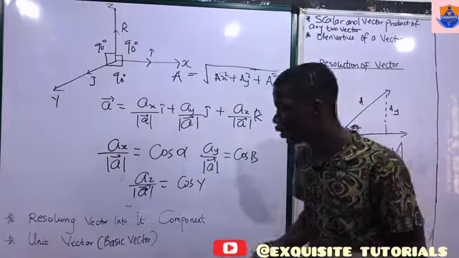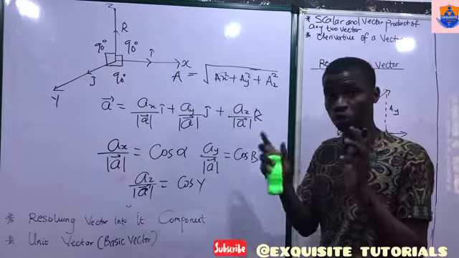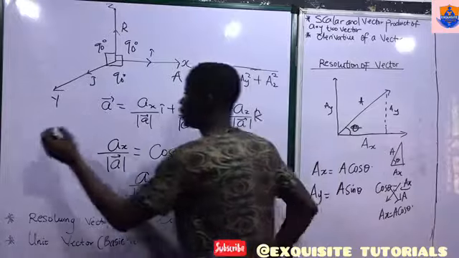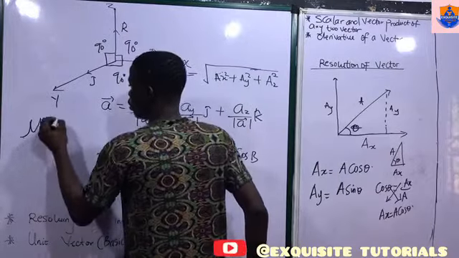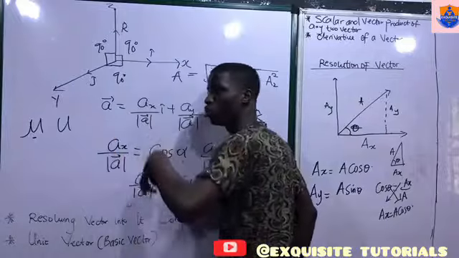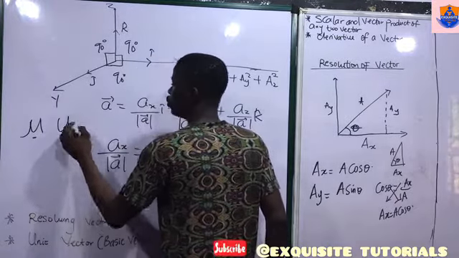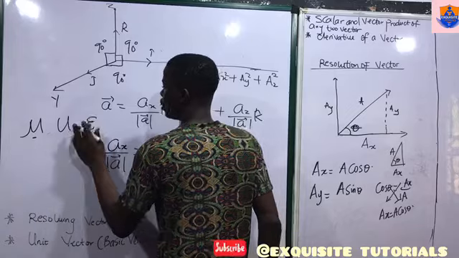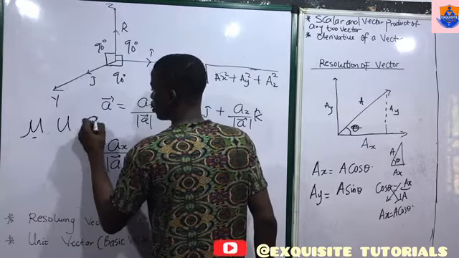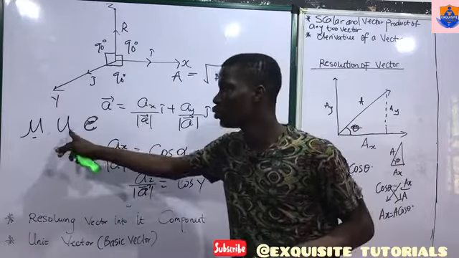So there exist some other forms of vectors. The normal way we symbolize a unit vector is in this format: either we use u in capital, or we use e. So either we use u or e.